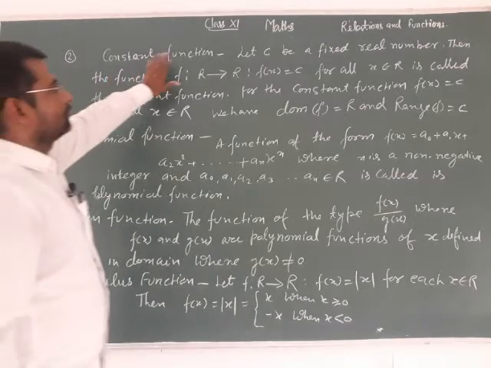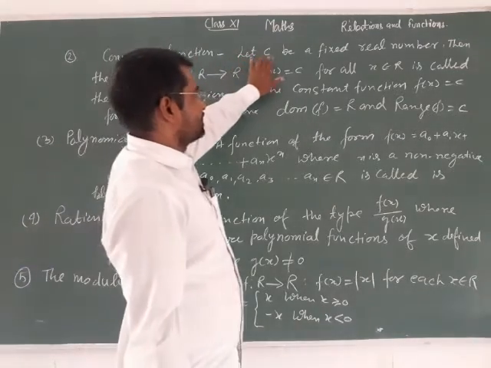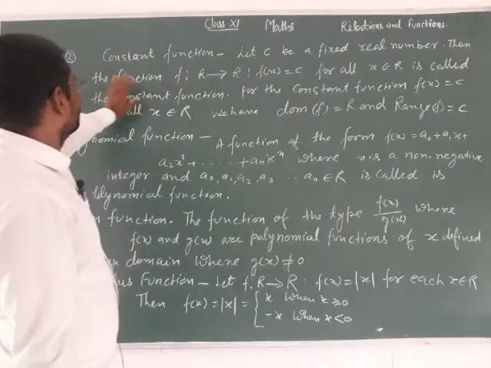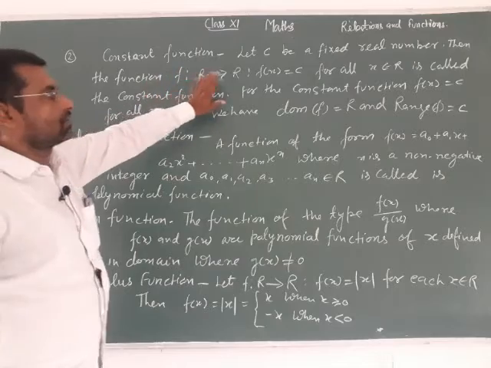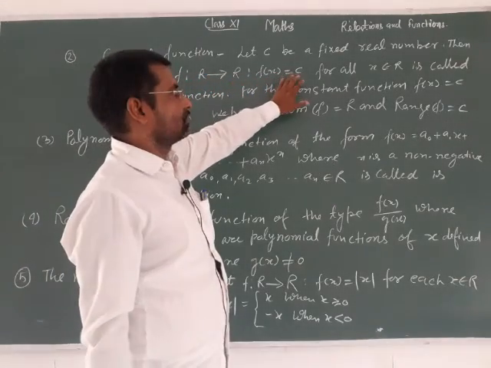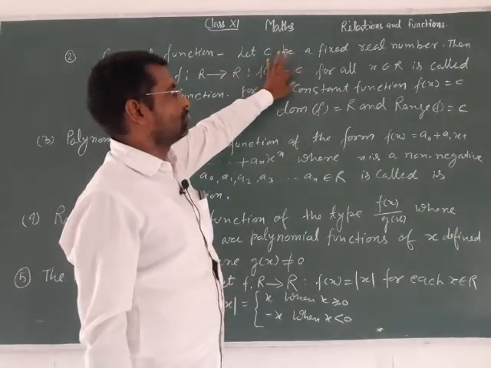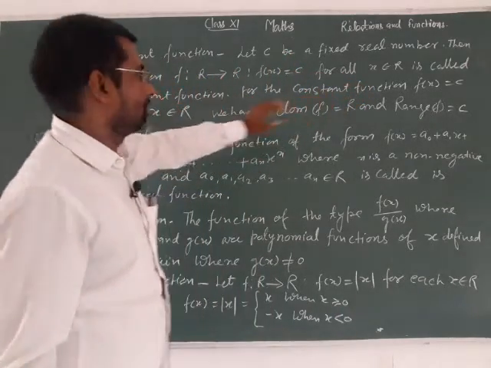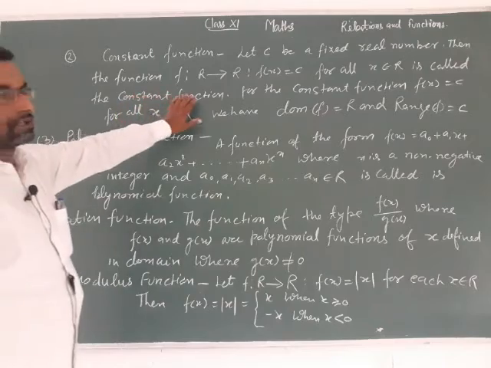Second, constant function. Let c be a fixed real number. Then the function F from R to R, F(x) = c for all x belonging to R, is called a constant function.